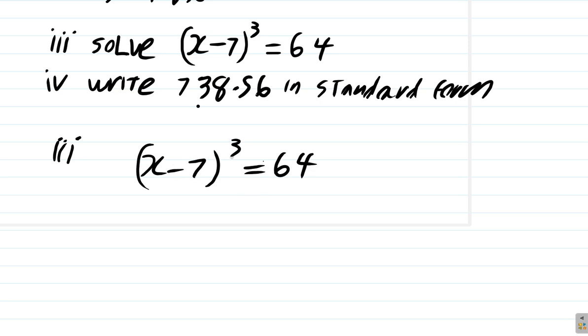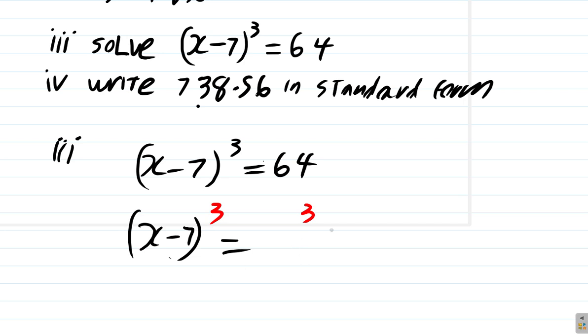You have something raised to the 3 on the left hand side. You want something raised to the third power on this side as well. So, we have x minus 7 raised to the power of 3 over here equals, there must be something raised to the power of 3 over the right hand side as well, just like the left hand side.